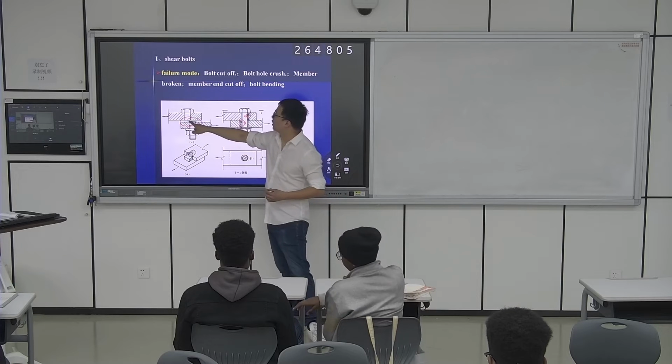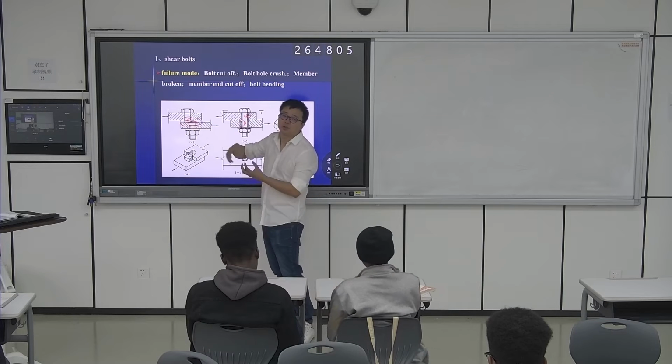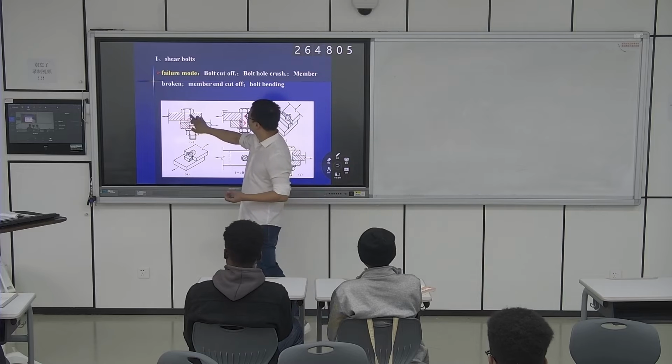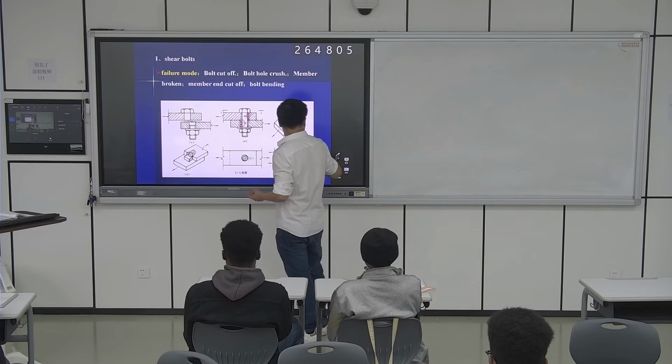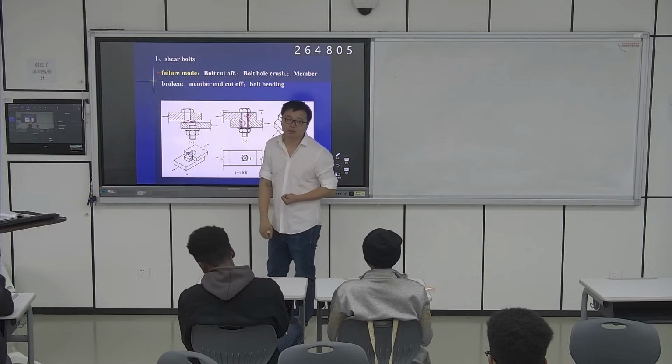One type is directly shearing, where the failure happens in the middle of this interface, and the other failure happens here, right?